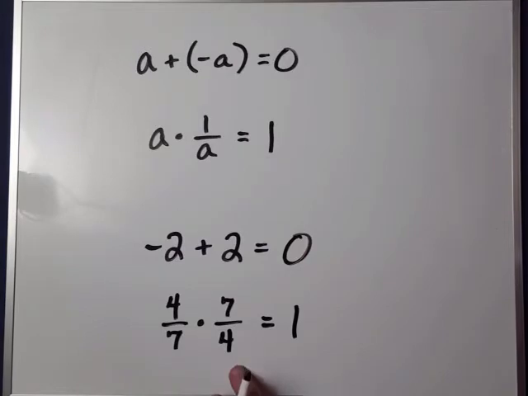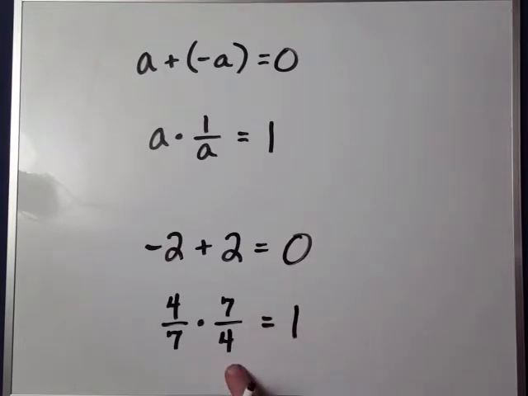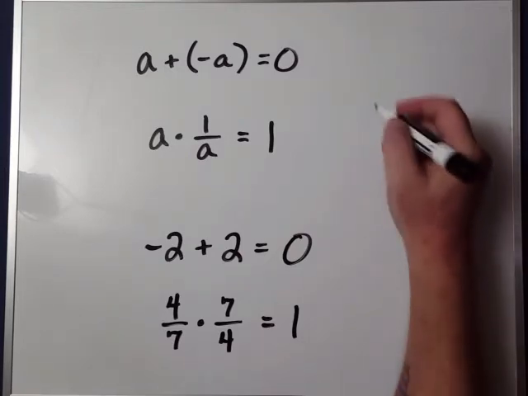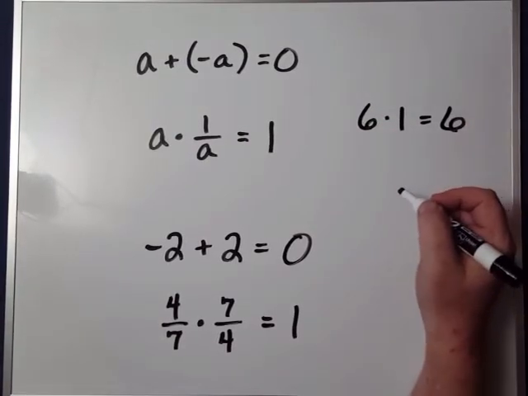So when you multiply reciprocals of each other, you get what? The multiplicative nothing. You add opposites, you get the additive identity, which I call the additive nothing. When you multiply reciprocals, you get the multiplicative identity, or what I like to call the multiplicative nothing. Do not confuse these properties with the identity properties. Identity properties leave things alone. Identity property says 6 times 1 is still just 6.